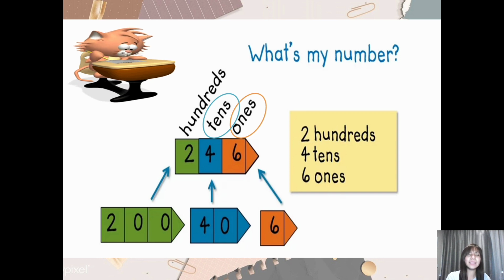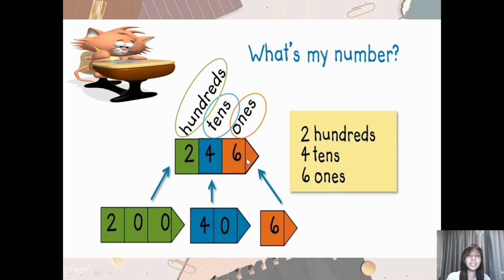Next, the number 2, which is in the green box, the place value of 2 is hundreds. Alright, so this is the example of getting the place value of a certain number. Always from this side: ones, tens, hundreds. So again, 6 is ones, 4 is tens, 2 is hundreds.